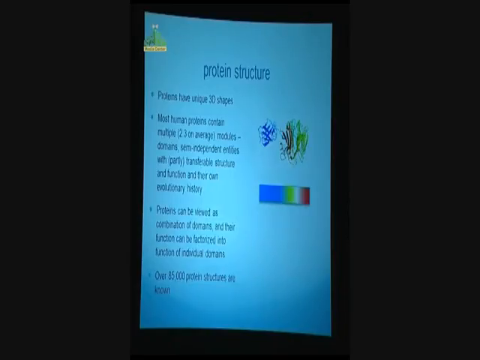If you look along the protein, you can cut it in one place, and this part becomes an almost independent protein. On average, human proteins have 2.3 modules, and especially proteins involved in regulation, and most proteins involved in diseases, are made of multiple semi-independent entities, domains.